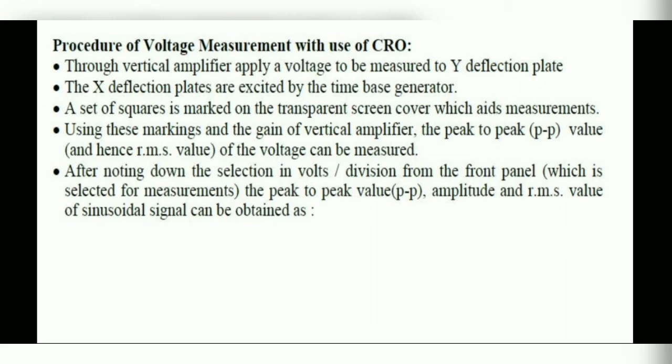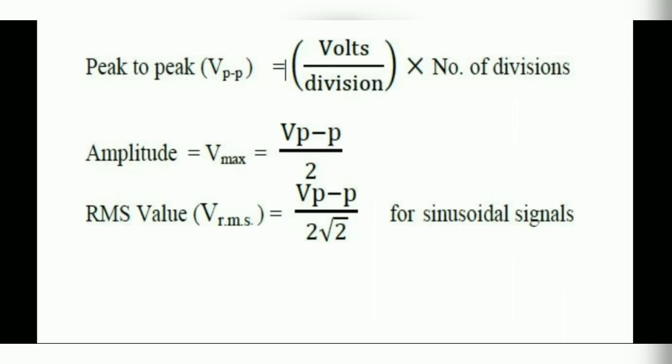be measured. After noting down the selection in volts per division from the front panel which is selected for measurements, the peak-to-peak value, amplitude and RMS value of a sinusoidal signal can be obtained as follows. Peak-to-peak, that is Vpp, is equal to volts per division into number of divisions.